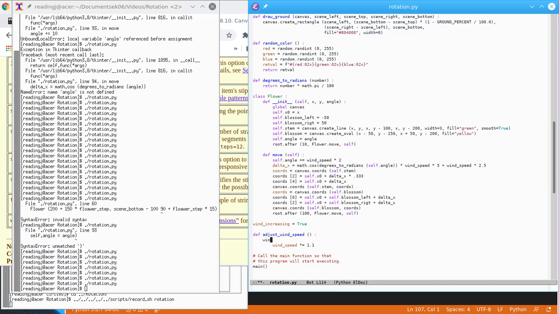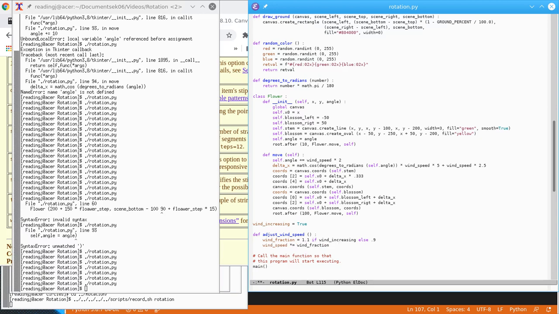Okay, so wind fraction equals 1.1 if wind increasing, else 0.9. So wind speed times equals wind fraction.